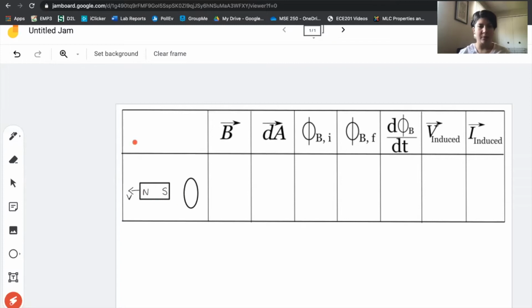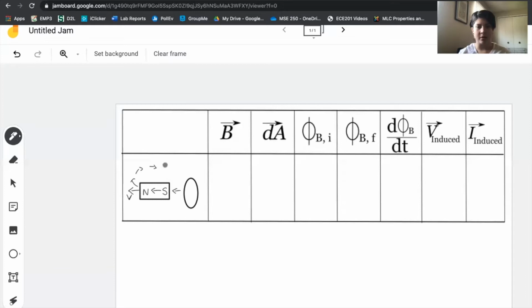And so with any bar magnet, we are going to have a B field that goes in towards the South Pole, through towards the North Pole, and it's going to come out and kind of go out and around. And remember that the B field is smaller the farther away from the source you are.